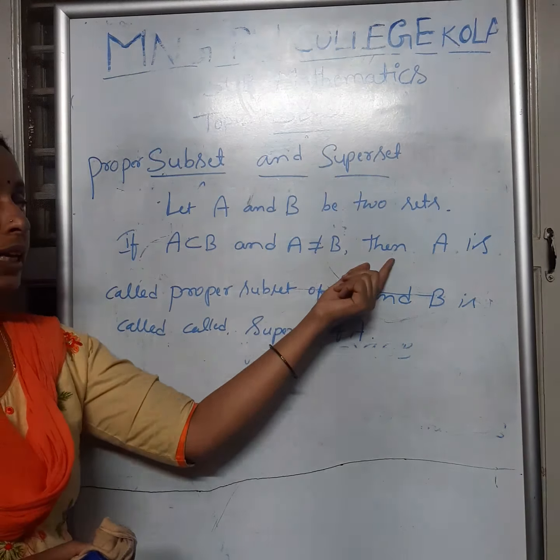If we have vowels A, E in set A, then in set B the vowels are A, E, I, O, U.